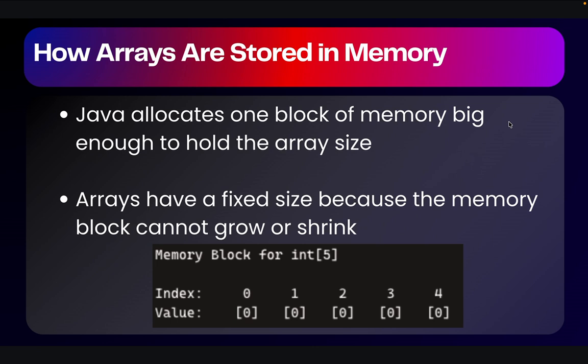So arrays again have a fixed size because that memory block is not going to grow or shrink. You're basically telling the array, hey, this is how much I need you to hold, and it's not going to change. And here is a visual representation of that.